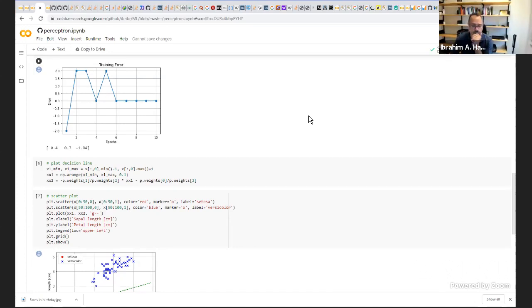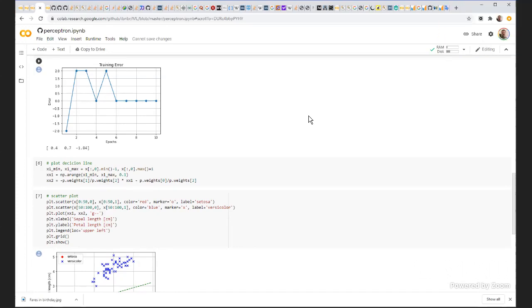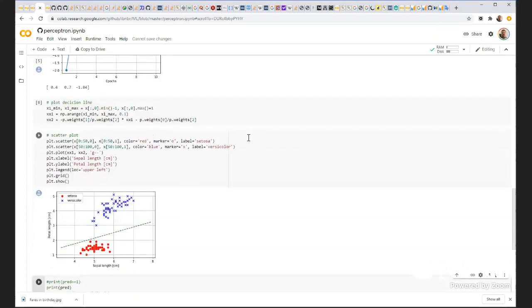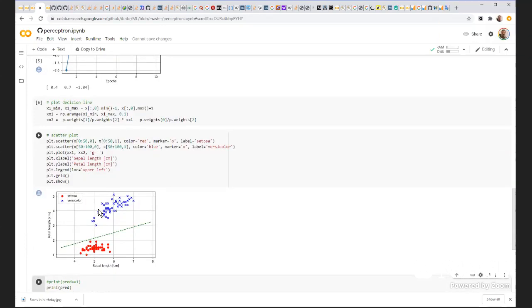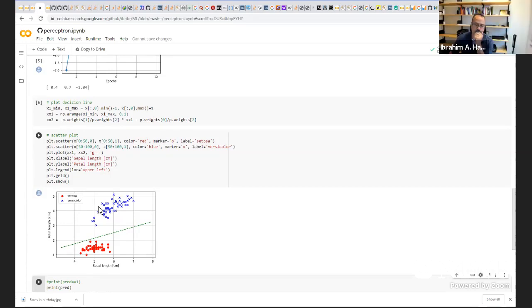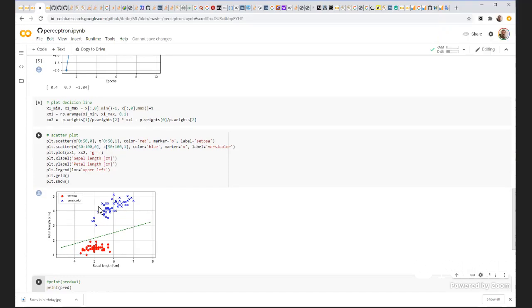So everything below the decision line will be classified as class 2, and everything above the decision line is classified as class 1. Correct. Yeah. So in this very rare case where the point lies on the decision line, what would be the output?